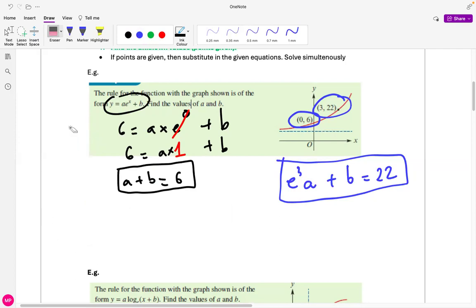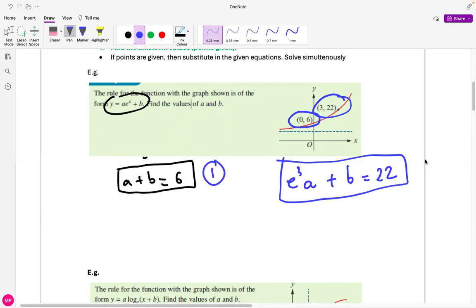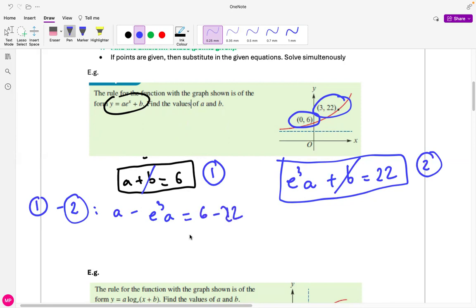All right, so let me just write this out and we start solving simultaneously. Let's say this is equation one, this is equation two. If we want to solve for A, they both have B, so we're going to take them away to get rid of B. Equation one minus equation two, B and B will cancel out. You will have A minus e^3 A equal 6 minus 22, which is negative 16.